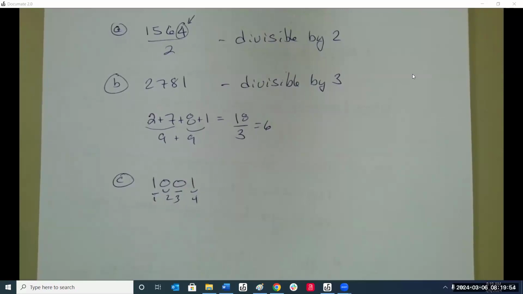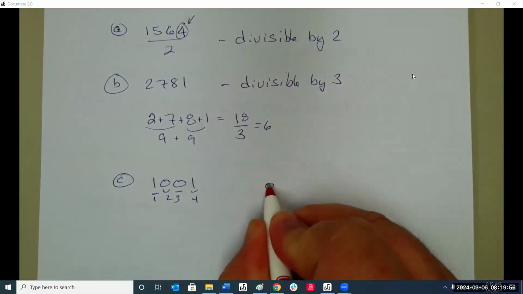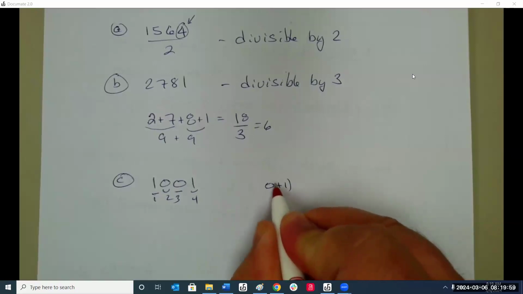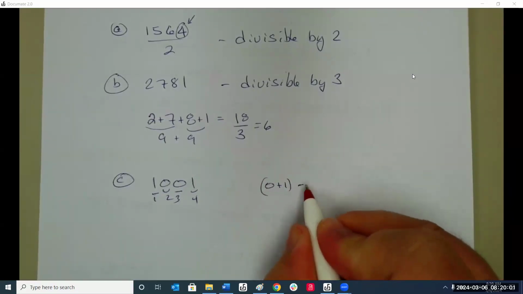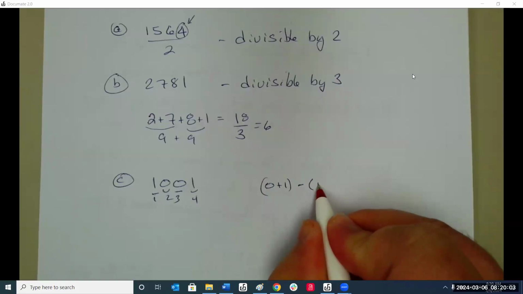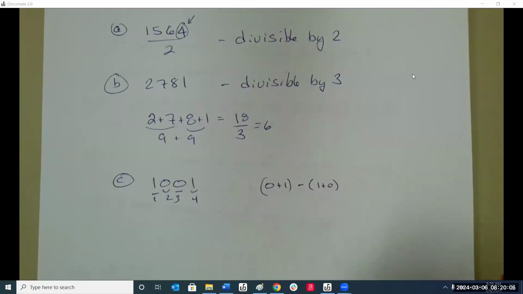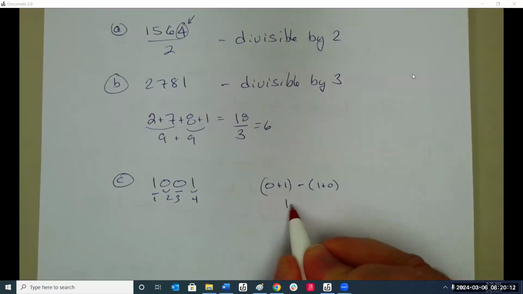So it says the sum of the even spaces, 0 plus 1, minus the numbers in the odd spaces, 1 plus 0. What does that equal? Yeah, 0 plus 1 is 1.